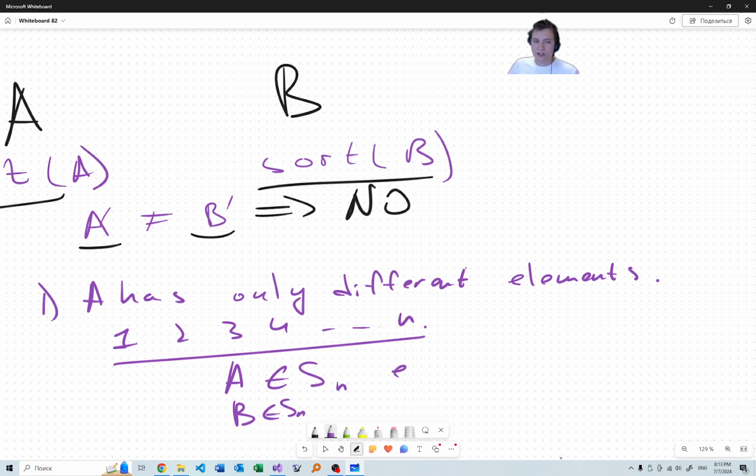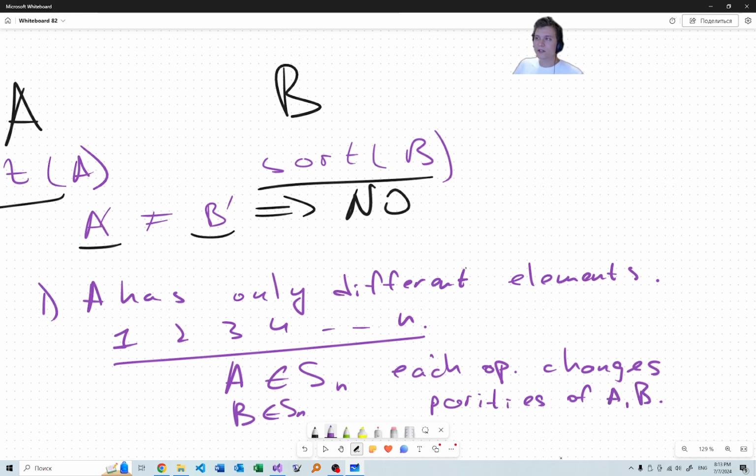Then each operation changes the parities of A and B. So if initially the parities of A and B were different, then in the end they will also be different. So you cannot do anything about it.